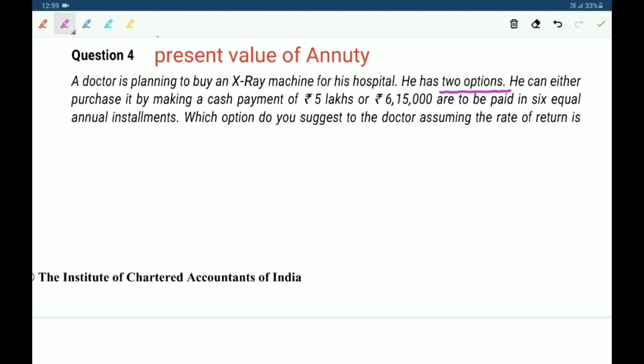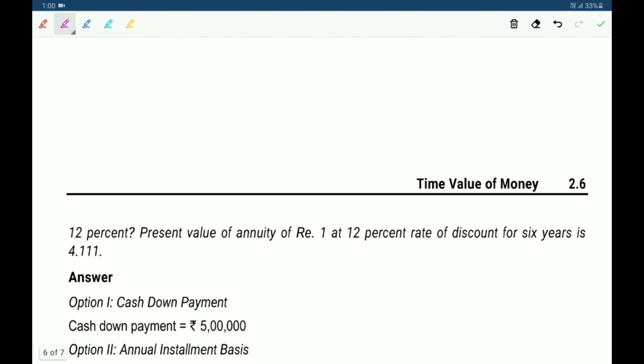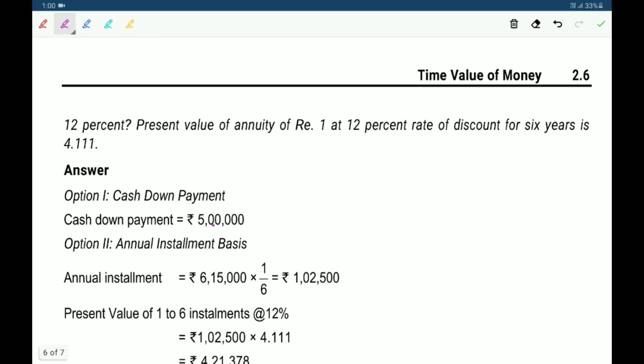One is he can purchase it by making a cash payment of 5 lakh rupees, or 6 lakh 15,000 rupees are to be paid in 6 equal installments. Which option do you suggest to the doctor, assuming the rate of return is 12%? Present value of annuity of 1 rupee at 12% rate of discount for 6 years is 4.111, also given. So that's why we can easily calculate.